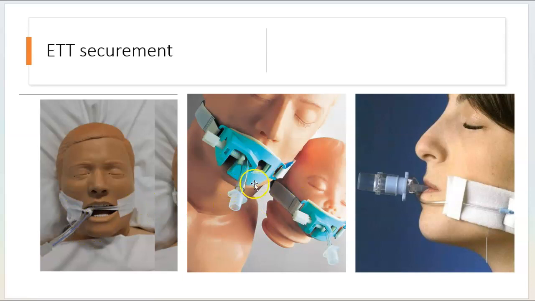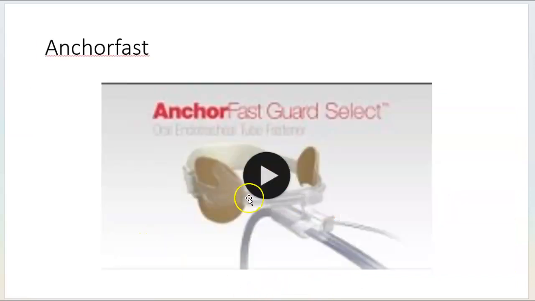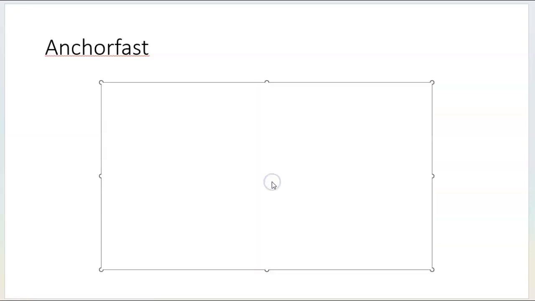Here is an example of one commercial securement device. Here's another example of a commercial securement device. So AnchorFast devices are the ones that I feel like most of our clinical sites and clinical affiliates use.